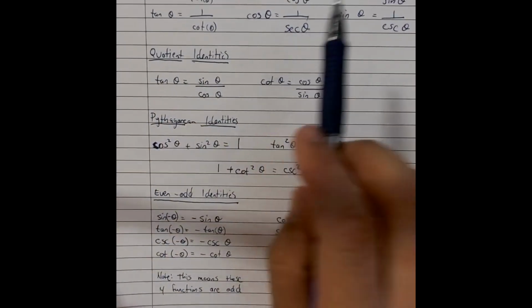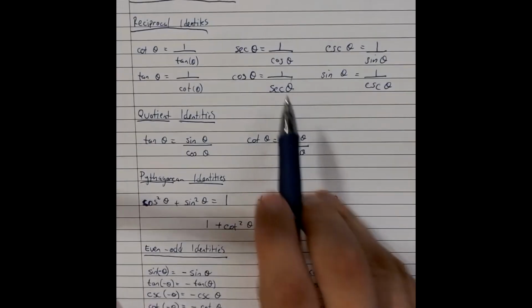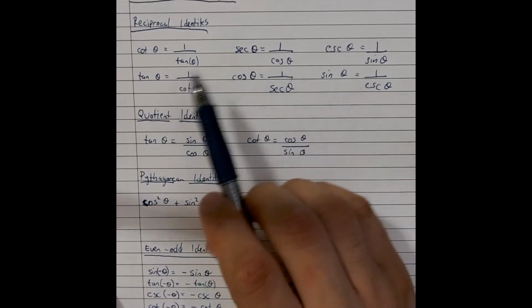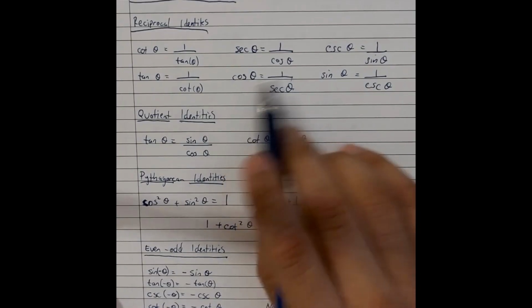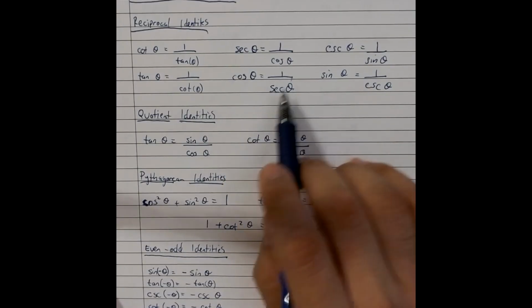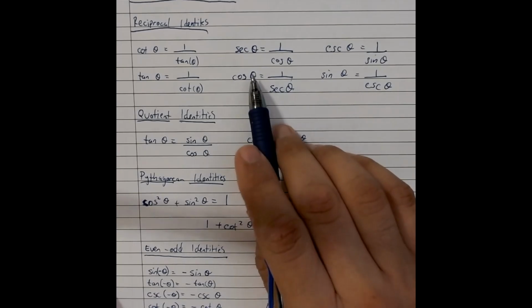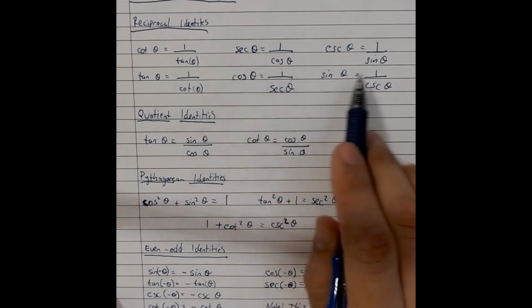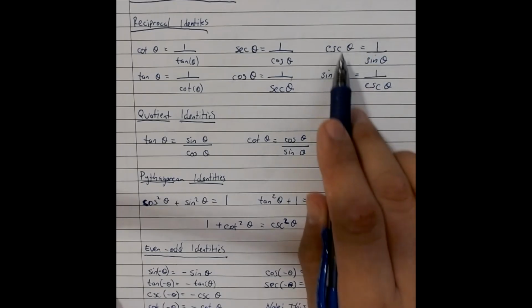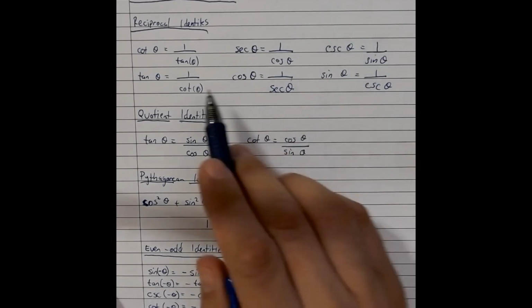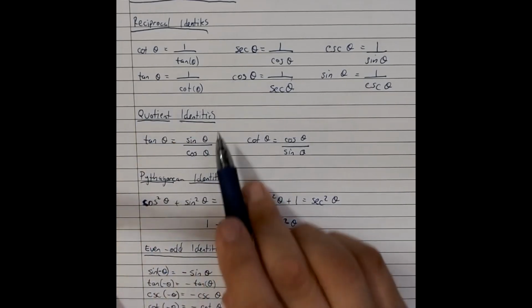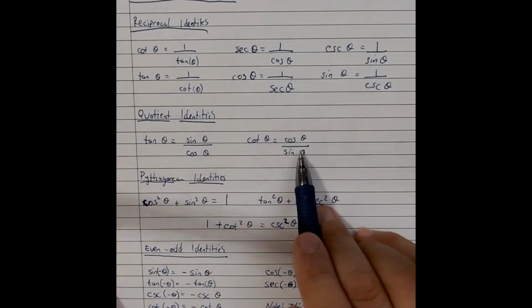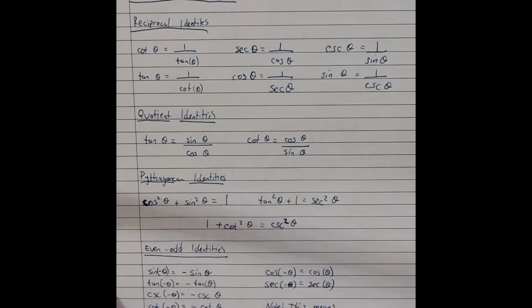Note that every function can be written in terms of sine or cosine. Here, sine and cosine are already the way they need to be. Secant can be written as the reciprocal of cosine, and cosecant can be written as the reciprocal of sine. Meanwhile, tangent and cotangent can be written as a quotient of sine or cosine, one way or the other.